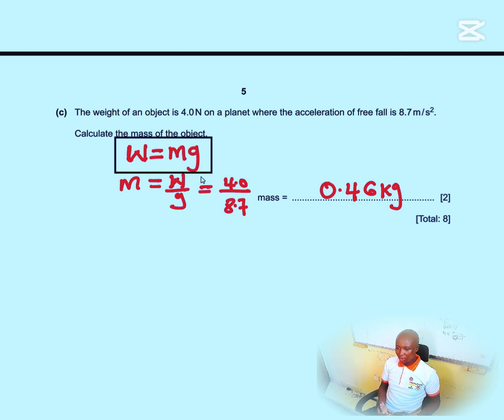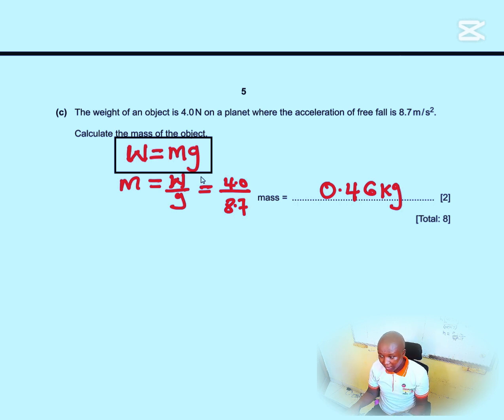So here, if we are told that the object has a weight of 4.0 newtons, and the acceleration due to gravity of that particular planet is 8.7, then mass is equal to weight divided by gravity. That is 4.0 divided by 8.7, giving us 0.46.